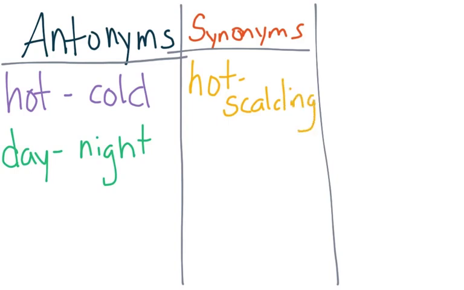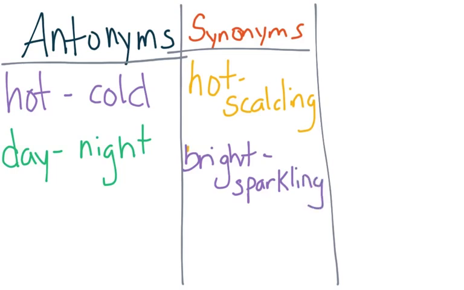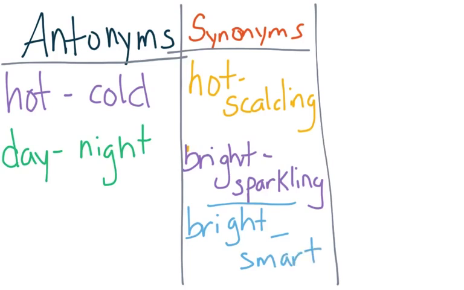Or we could do bright, or we could also maybe say sparkling. Or if you were talking about bright as in intelligence, you might even say bright or smart. So that's one of those multiple meaning words you would have to be paying attention to.